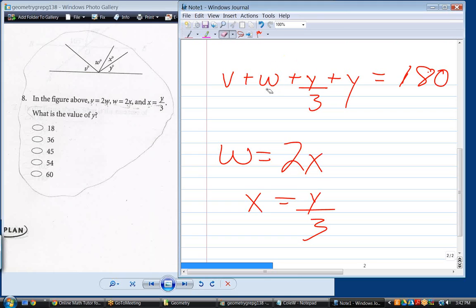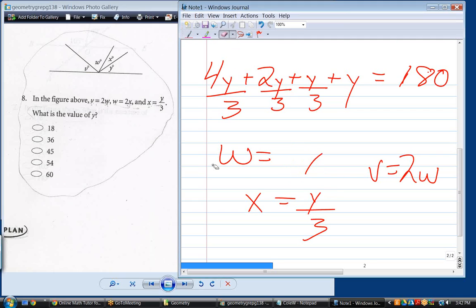Good. So I'm going to substitute that for w. And then v is equal to 2w. So if v is equal to 2w, how many y's is v? 4. 4y over 3, correct?